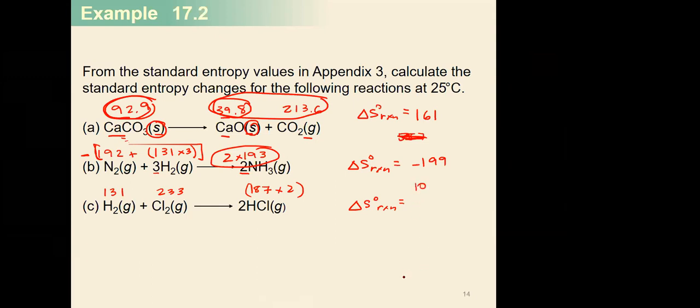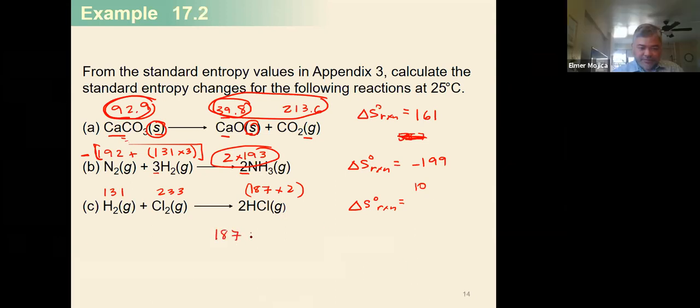It's negative 10. So 187 plus 187 minus 131 plus 233. So this is what? 364.